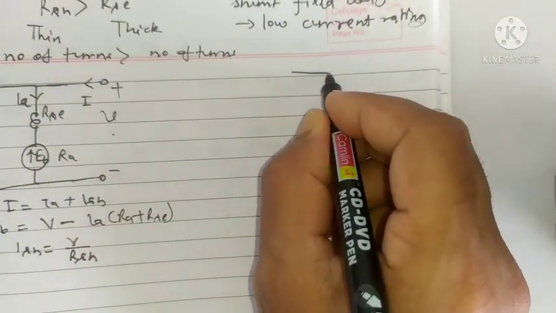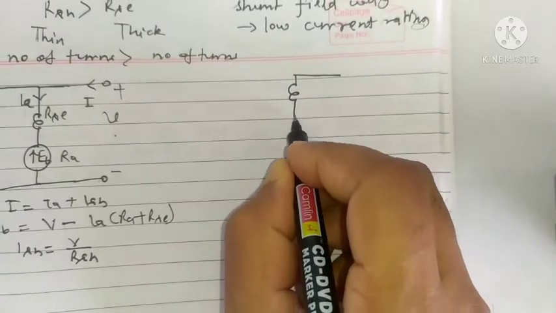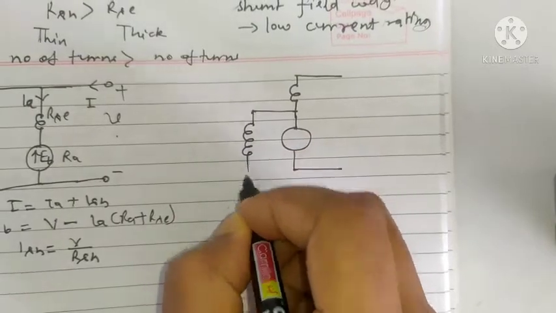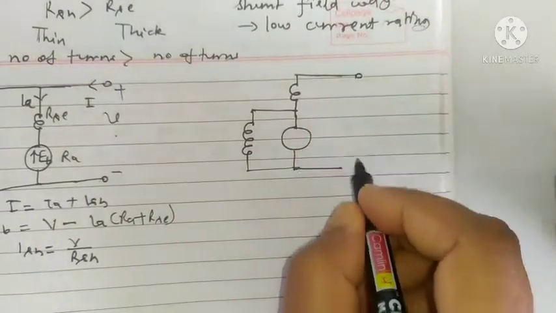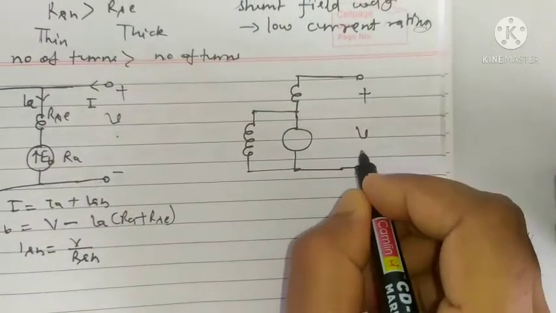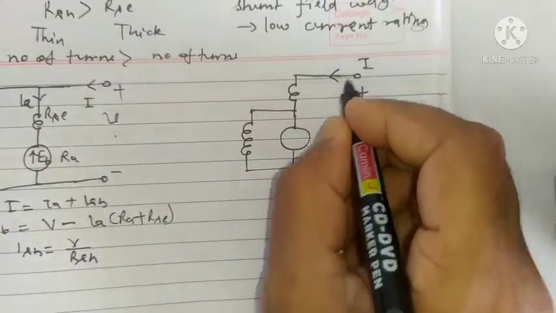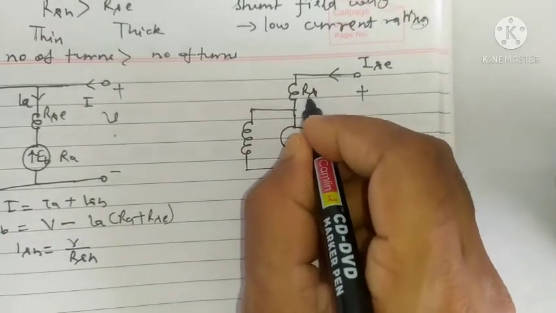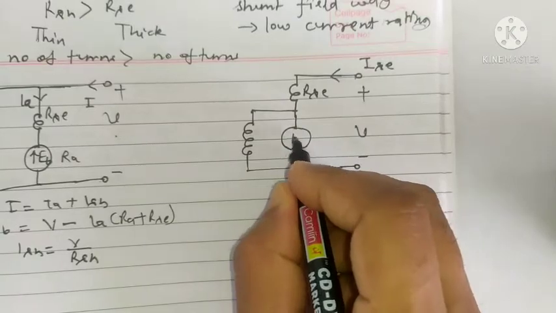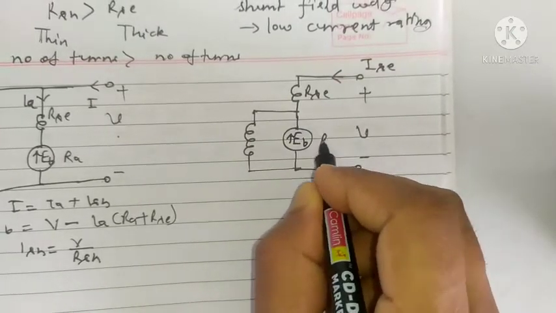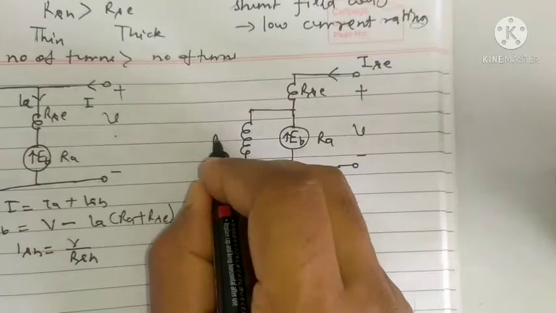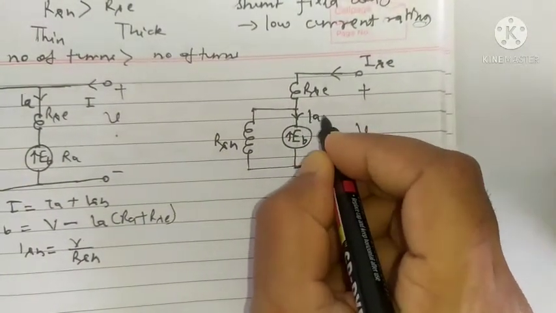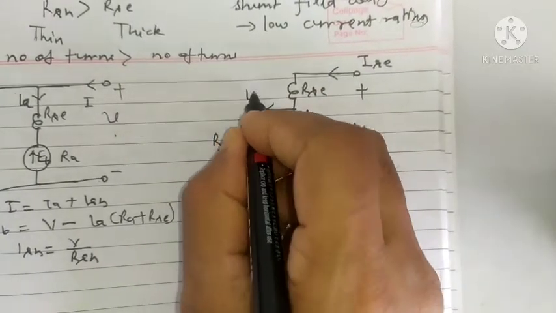And if I go for short shunt compound motor, supply voltage V, current is I, which is ISC also. This is RSC, series field winding resistance, back EMF is EB, armature resistance RA, and this is shunt field resistance. The current will be distributed like this, IA here and ISH.